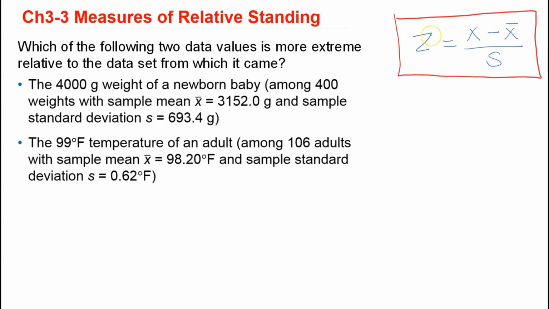The formula to calculate the z-score of a data value is the data value minus the sample mean divided by the sample standard deviation. We'll start with the first example.